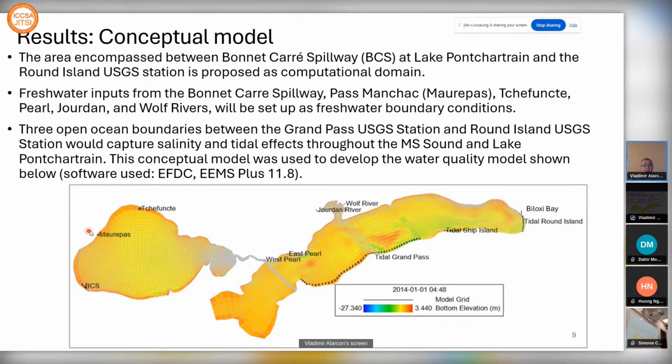We have implemented all of the freshwater boundary conditions, the lakes and the rivers that drain to the study area, also the Bonnet-Carré spillway. And we have also provided ocean boundary conditions that allow the computational grid to use ocean data in the simulation.